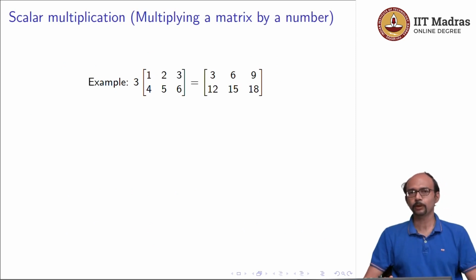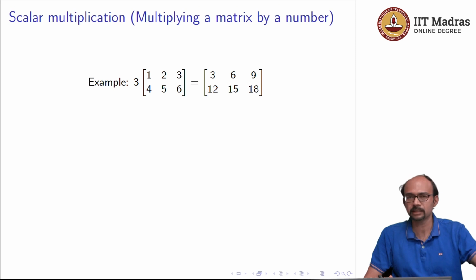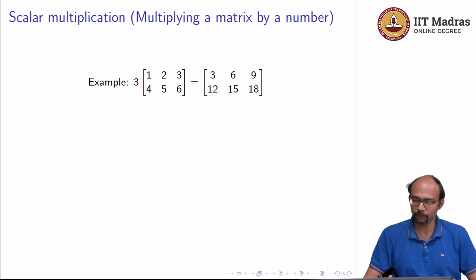The next thing we want to look at is scalar multiplication. How do we multiply a matrix by a number? To multiply a matrix by a number, we multiply each entry of that matrix by that number. Here we have 3 times the matrix 1, 2, 3, 4, 5, 6. So 1, 2, 3 is in the first row, 4, 5, 6 is in the second row.